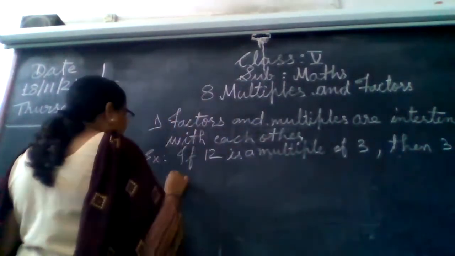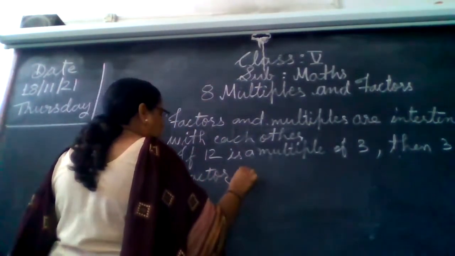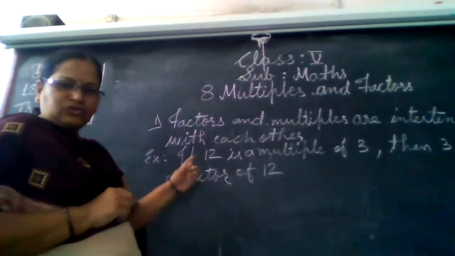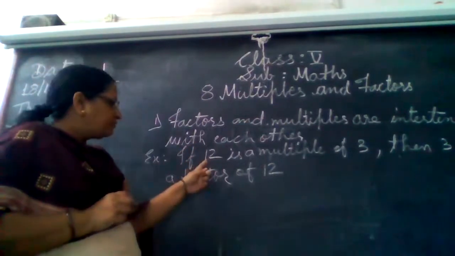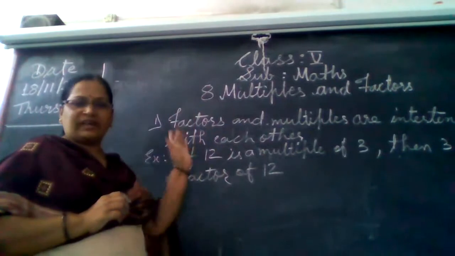Got it, beta? So 12 and 3. First, 12 is a multiple of 3. So what is 3? 3 is the factor of 12.